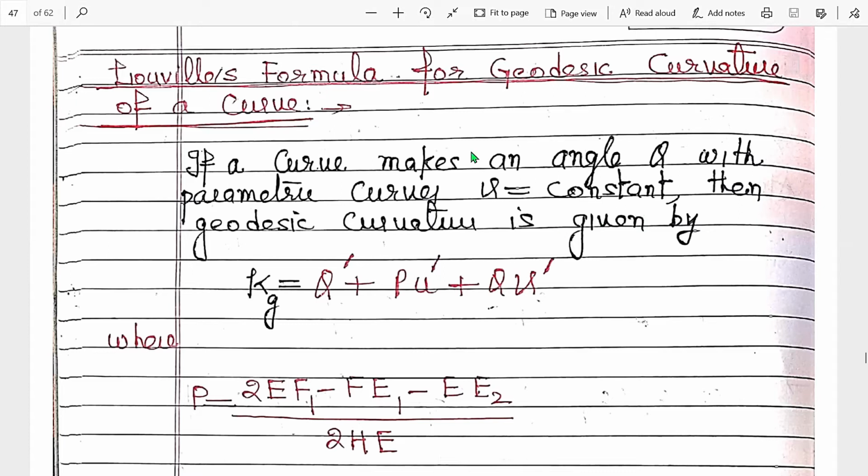Then the geodesic curvature is given by theta dash plus p u dash plus q v dash, right?